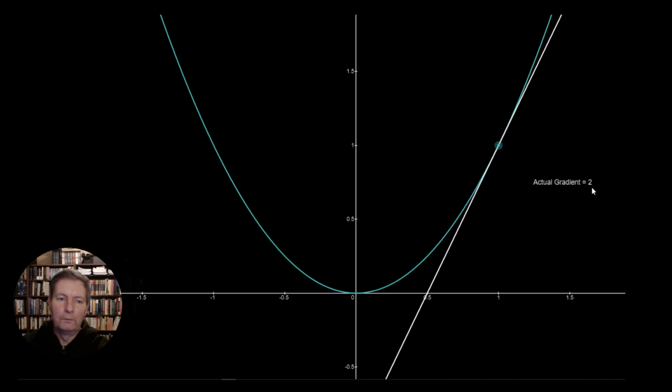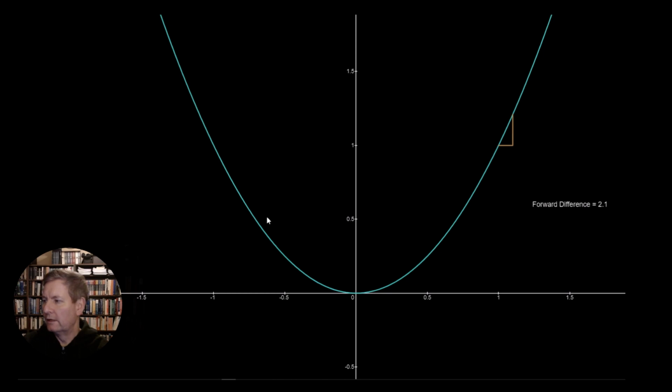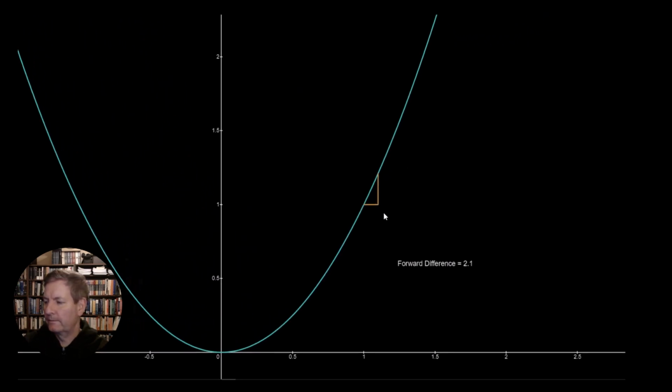Now we want to be able to generate this value for the gradient numerically. So we're going to first look at it in terms of something called a forward difference. So I've drawn out here the forward difference. So let me zoom in on this.